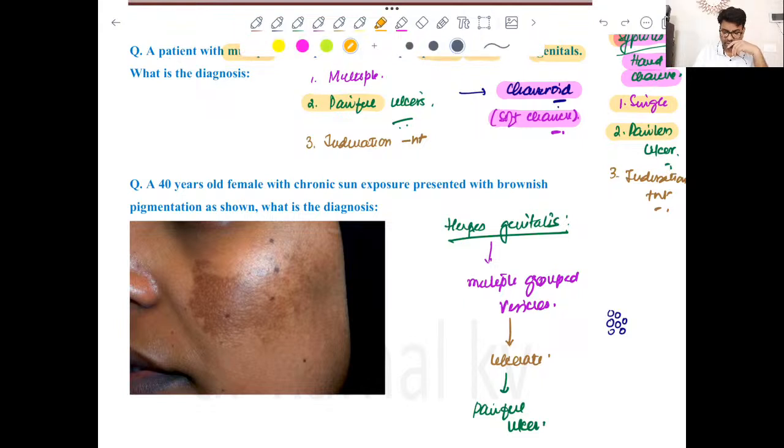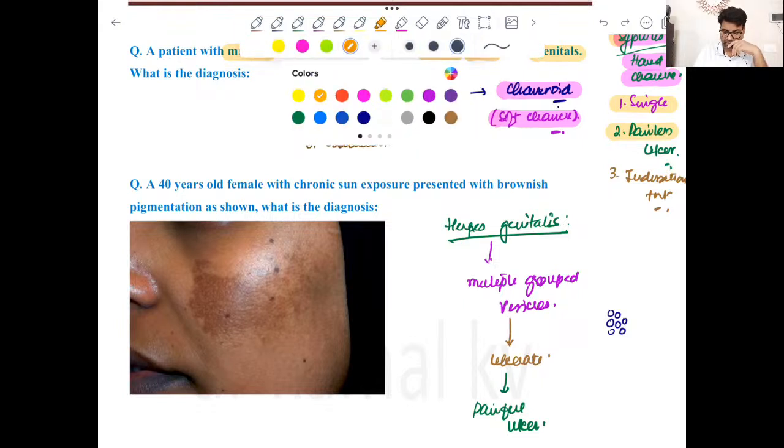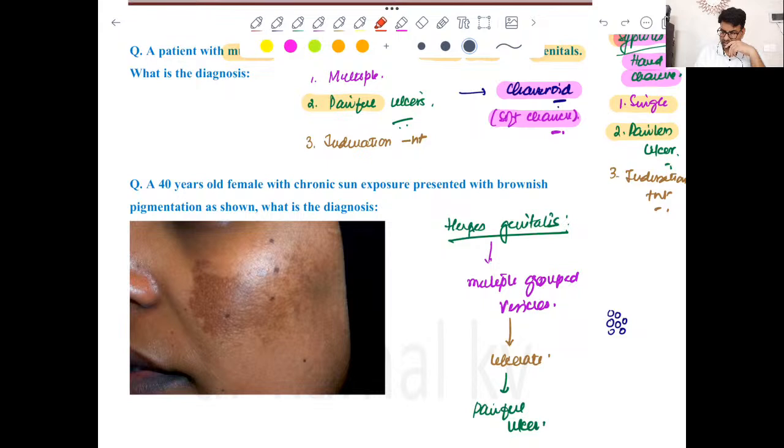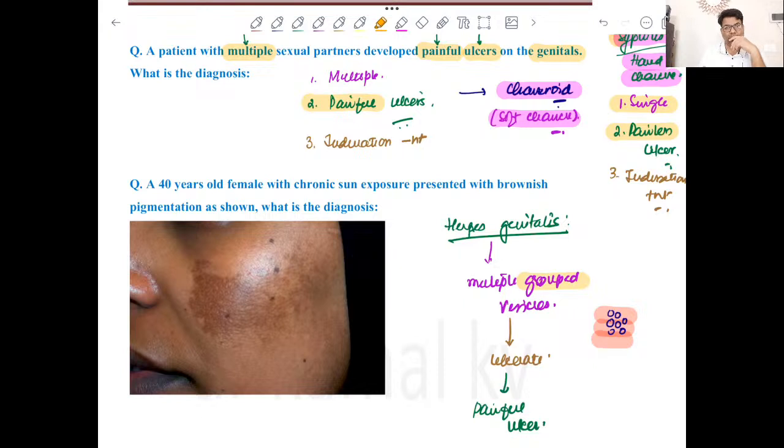So there will be redness, and over that redness you will find small vesicles which are in a group. So this is known as grouped vesicles. Therefore this word grouped is very much suggestive of herpes genitalis, right?